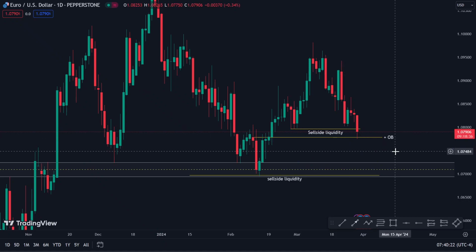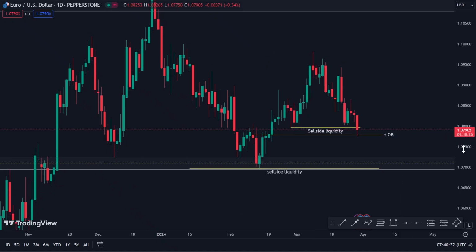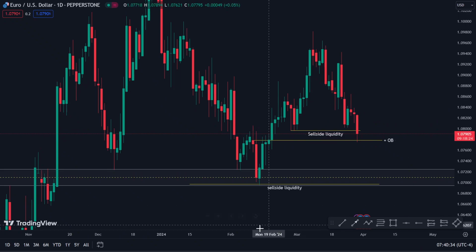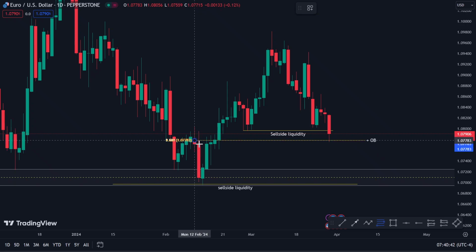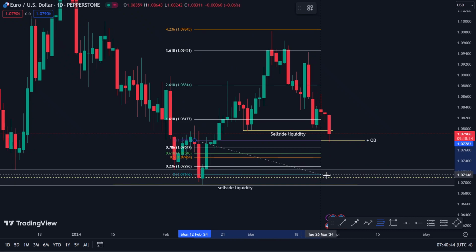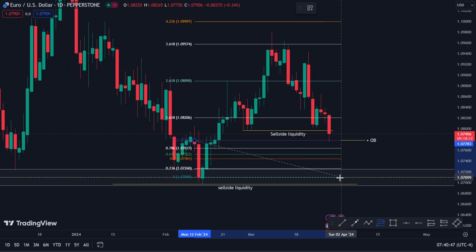And when a candle closes way past the mean threshold of these two, this is what I mean. Mean threshold is the halfway point of an order block. If we take our fib, measure from this candle's opening price to this candle's opening price.